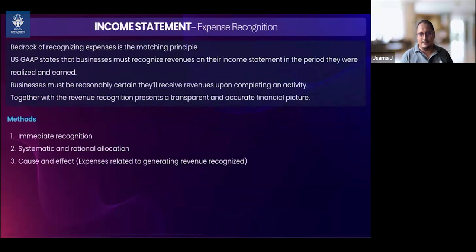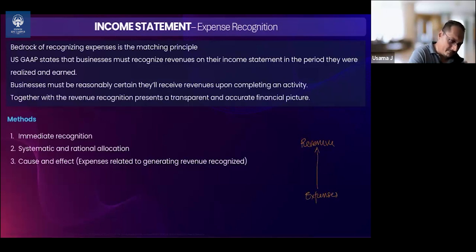Right. And one of the bedrocks, the fundamentals of expense recognition, which we've been talking about in our previous session as well, is what? Whatever the expenses related to generating this revenue. What are the expenses related to generating this revenue?